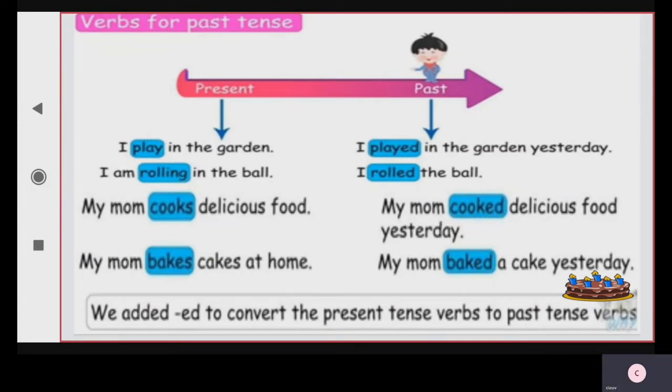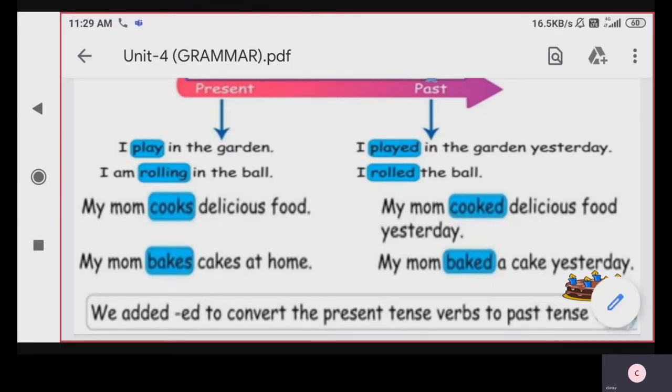My mom cooks delicious food. My mom cooked delicious food yesterday. My mom bakes cakes at home. My mom baked a cake yesterday. So kids, we added ed to convert the present tense verbs to past tense verbs.